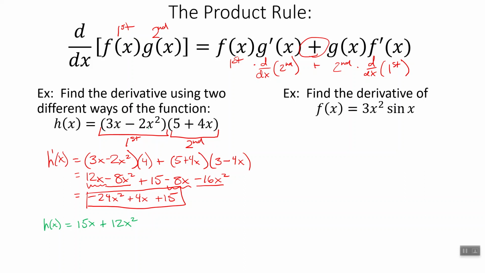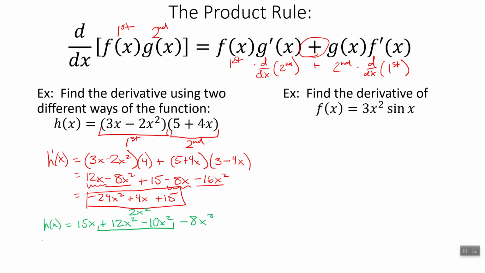Inners, we're going to have a negative 2x squared times 5 is a negative 10x squared. And then last, negative 2x squared and times a 4x gives us minus 8x to the third. These two middle guys, we can combine them. 12 of them minus 10 of them leave us with 2x squared. All right.